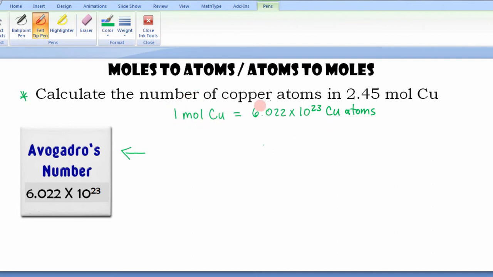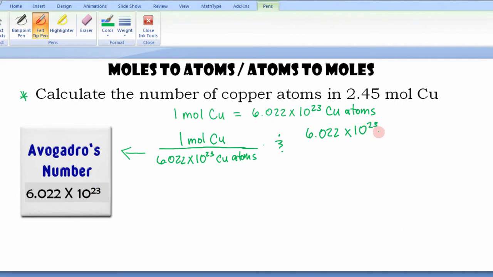Now, since we have this equivalency, we can write our fractional ratios just like we did when we did conversion factors. 1 mole of Cu over 6.022 times 10 to 23rd Cu atoms, and we can write 6.022 times 10 to the power 23 Cu atoms over 1 mole of copper.